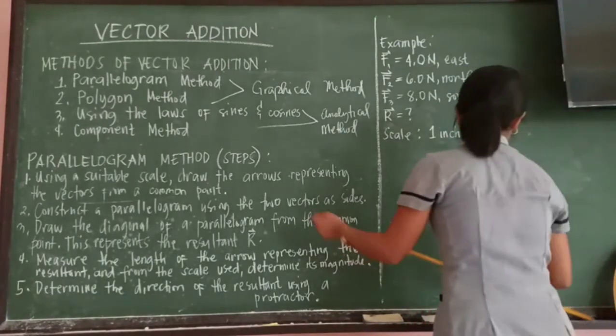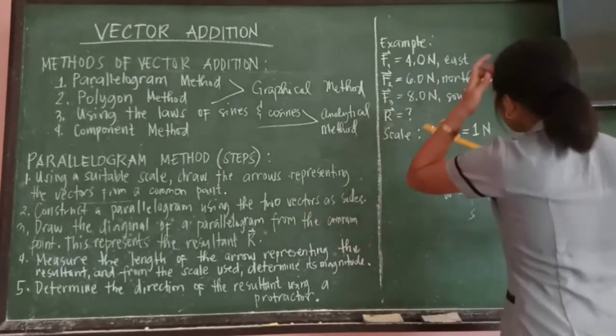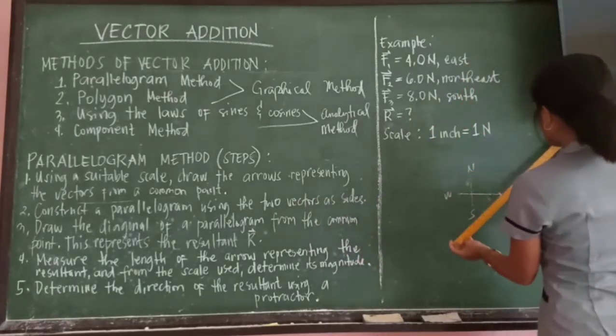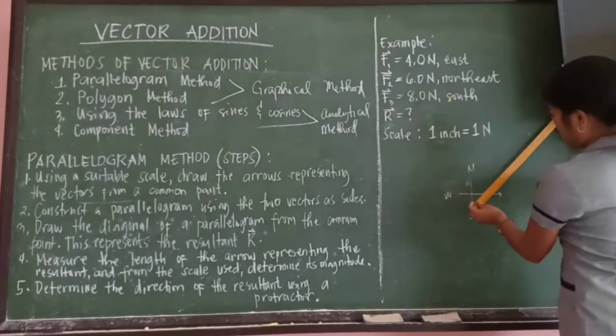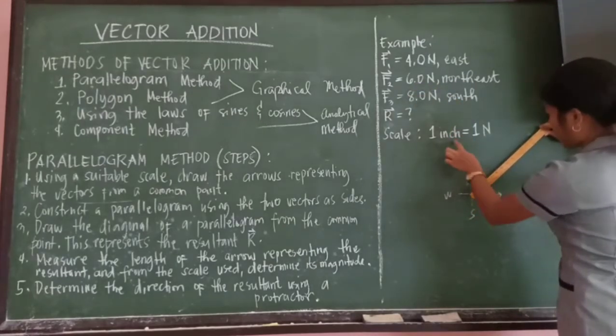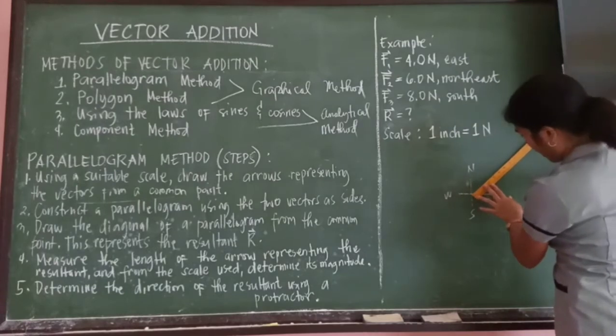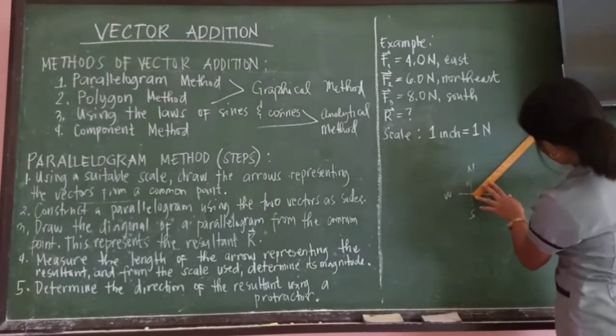Okay, so we have already traced the direction which is northeast. Now we are going to measure 6 newtons. Since we are using a scale, we have 6 inches.